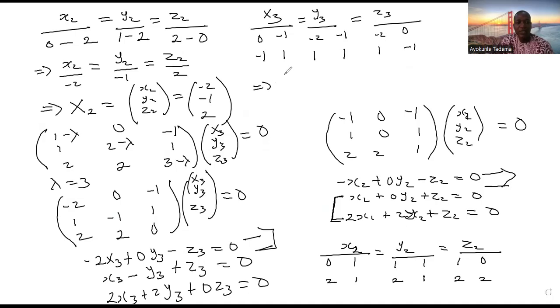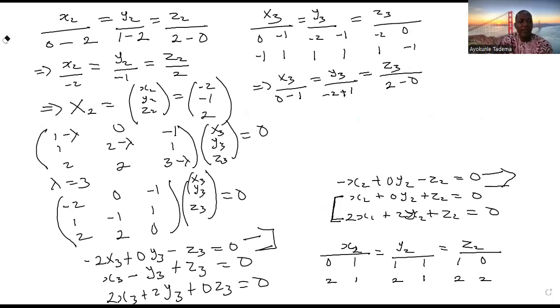And this one will give us x3 all divided by this one, so this is 0 minus 1, equals y3 over this one times this is minus 2 minus, we have minus 1 again, this one becomes plus 1, equals z3 all divided by this one times this is 2 minus 0.